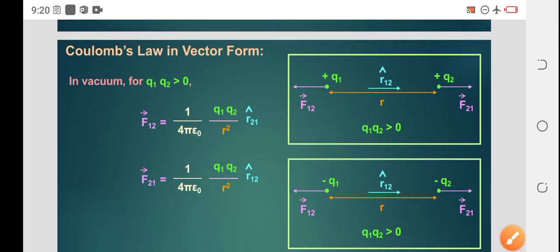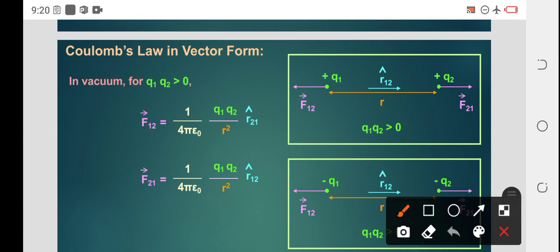Then Coulomb's law in vector form. How can you consider the Coulomb formula in vector form? Let's see here. You are taking the vacuum and the condition is that the product of charges Q1 Q2 is greater than 0.